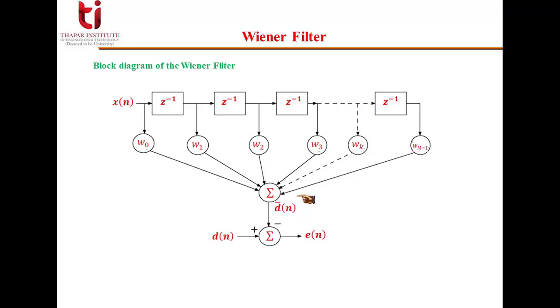This output is usually considered to be an estimate of some desired signal. So we are considering this desired signal as dn, and this d tilde n is nothing but the estimate of this dn. Now if we take dn minus d tilde n, we will get some difference. So that is basically the error. We call it the estimation error.